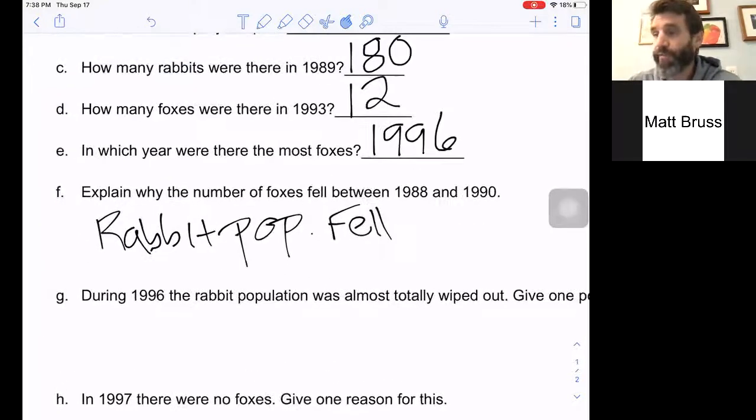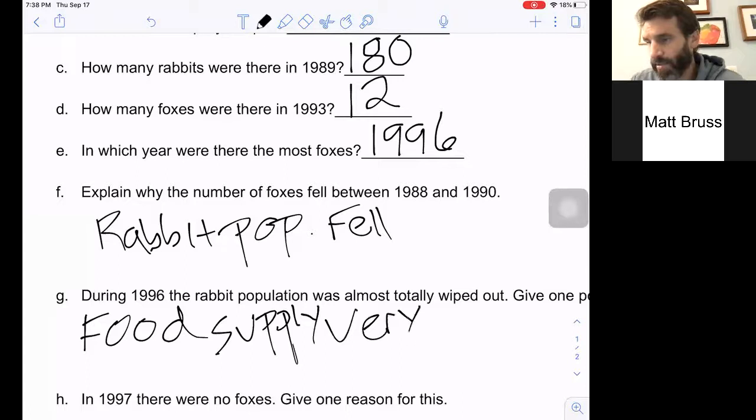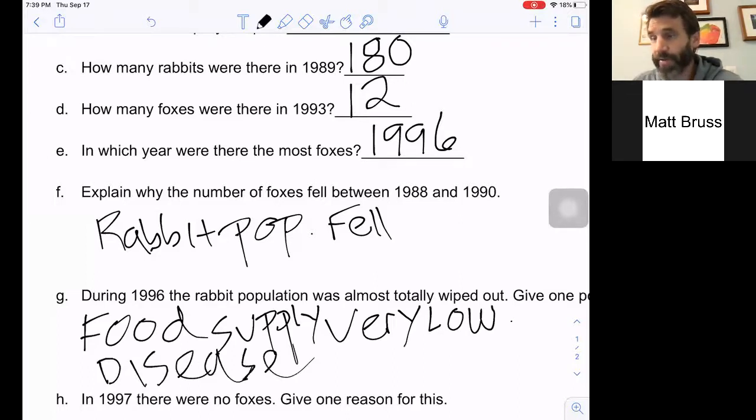Their food supply, for whatever reason, was gone. Food supply very low. Maybe there was disease. Could have some unknown disease.